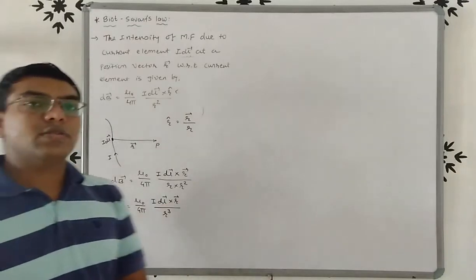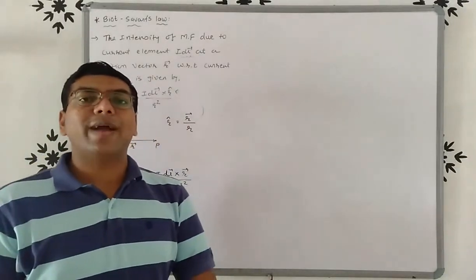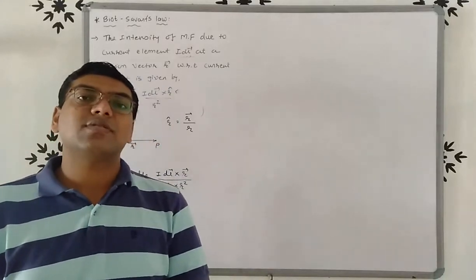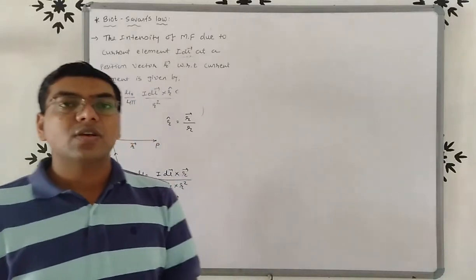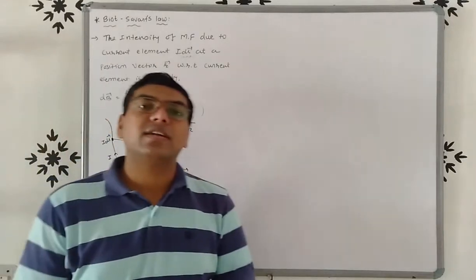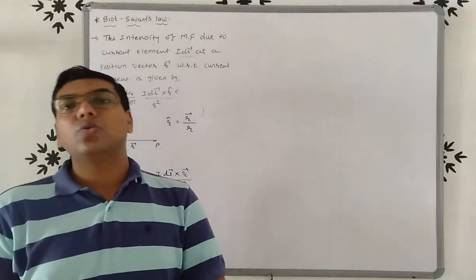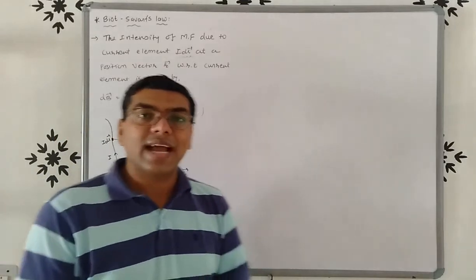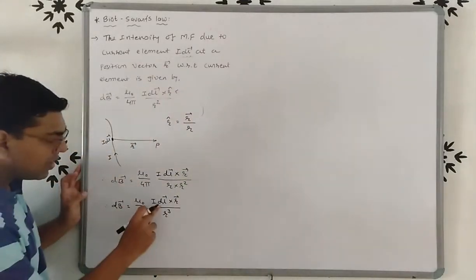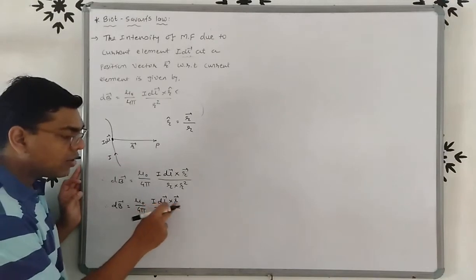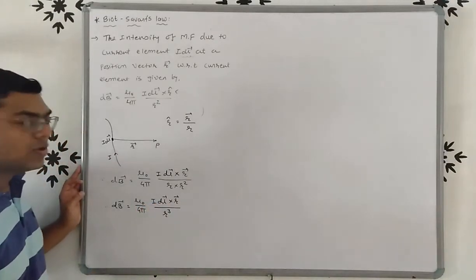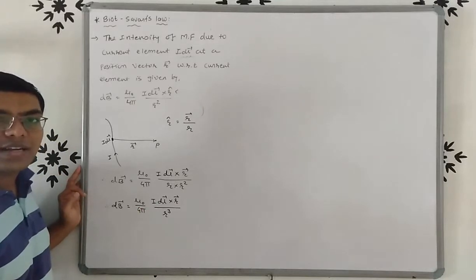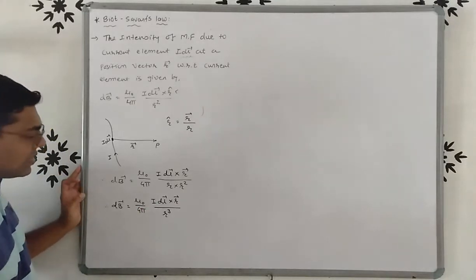But we already know that the vector product between two vectors, vector A cross vector B, is equal to AB sin theta. So here, dl vector cross r vector. So as per the formula, vector A cross vector B is equal to AB sin theta.